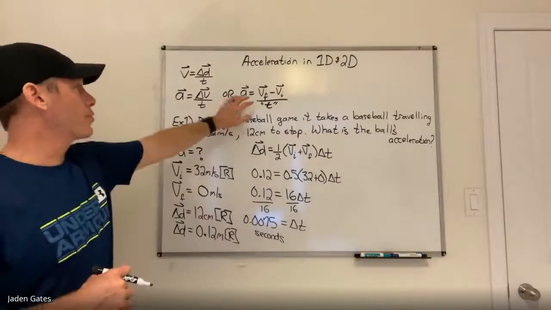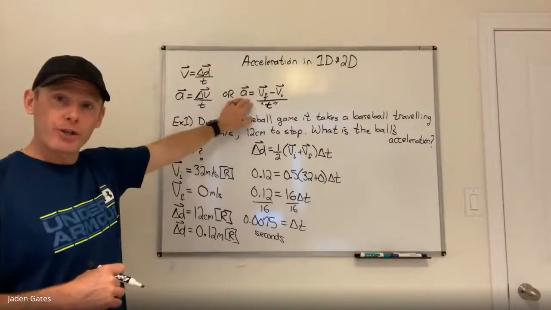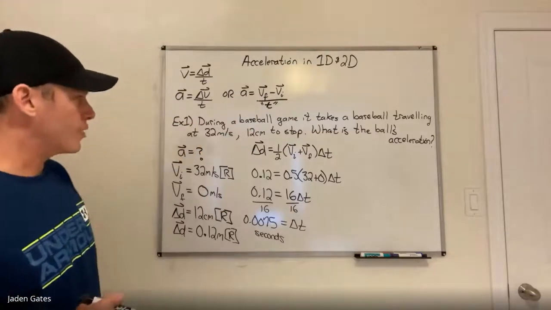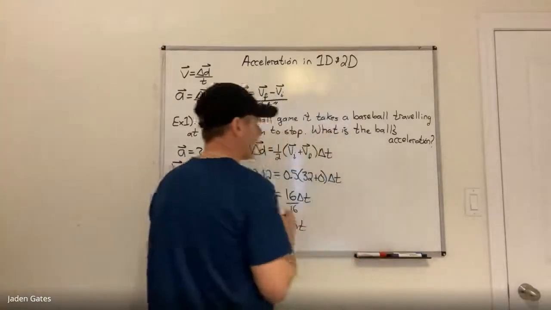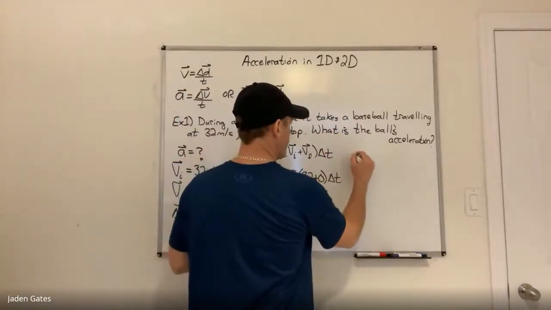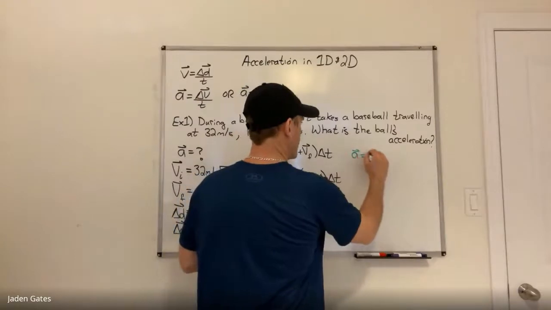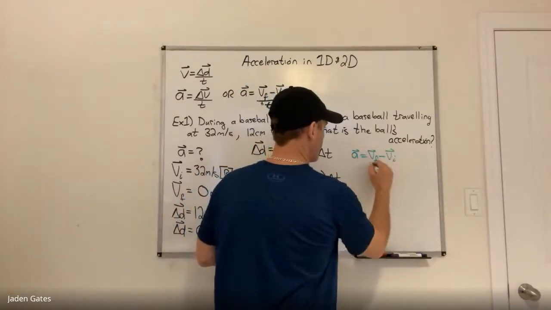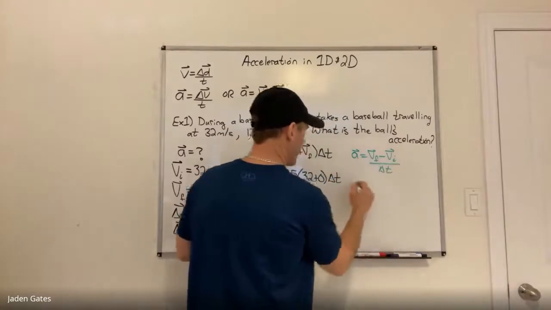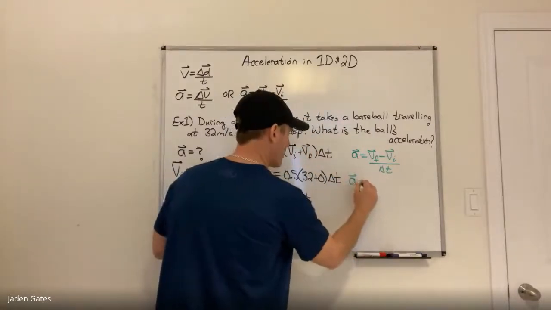Now I'm going to use another motion equation, which is my acceleration one. All right, so let's see here if I can fit it all in here. So I have my acceleration is equal to VF minus VI divided by delta T. All right, so I sub my values in.